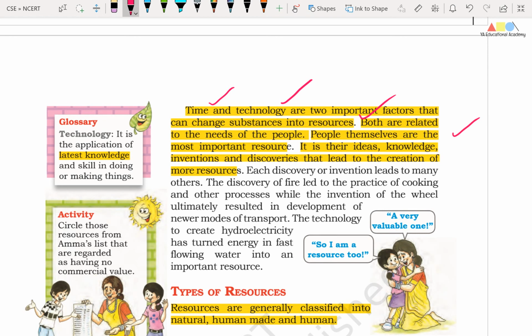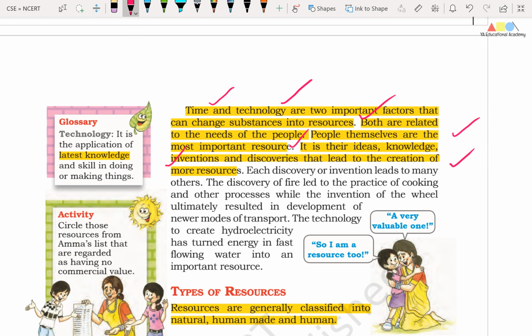Friends, both are related to the needs of the people. People themselves are the most important resource. So you should remember that people are the most important resource. Right friends? It is their ideas, knowledge, inventions and discoveries that lead to the creation of more resources. So it is their ideas, knowledge and inventions, all these things will create more resources.